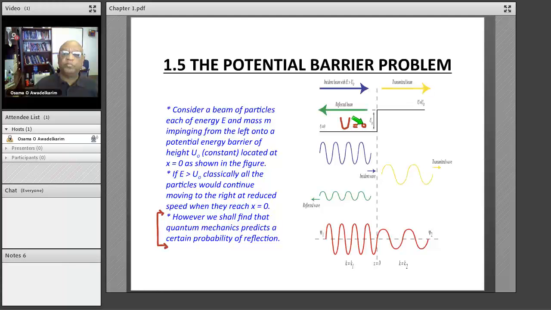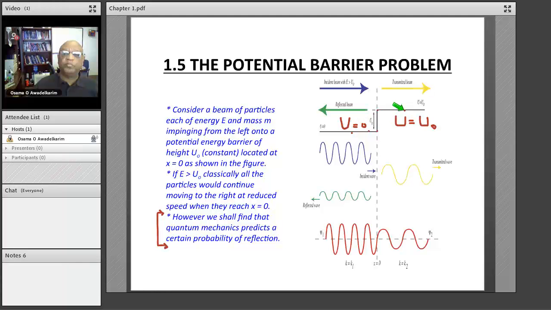There is no potential here. The potential is 0. And U is equal to U naught in this right-hand side region. So this is a potential step, if you like.